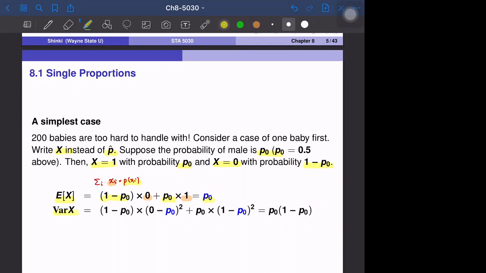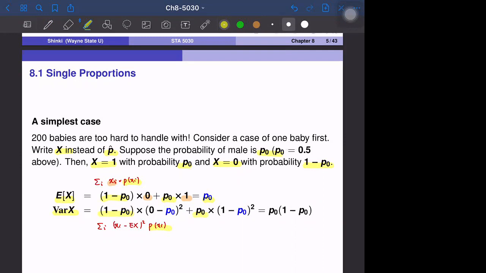And how about the variance? We can calculate the variance in the same way. By definition, the variance is the summation over i of (xi minus expectation of x) squared times p of xi. The p of xi part is the same as the previous one: x is 0 with probability 1 minus p naught and 1 with probability p naught.